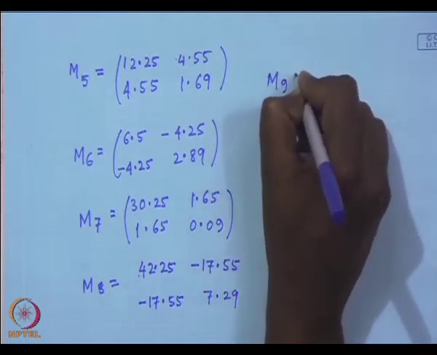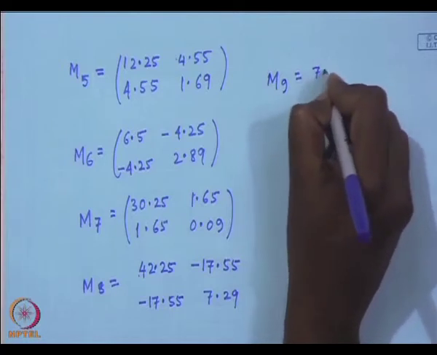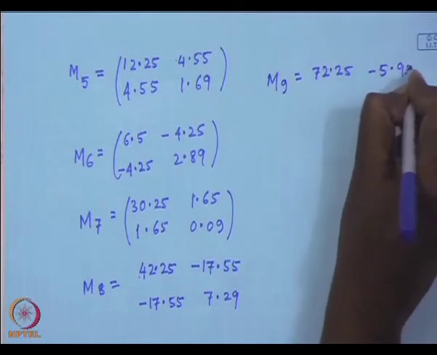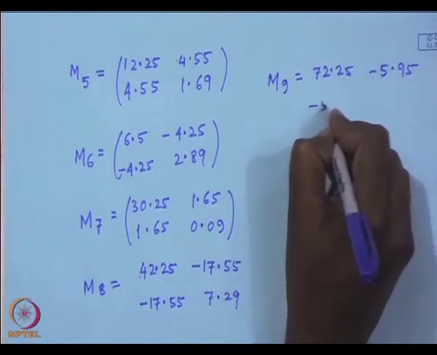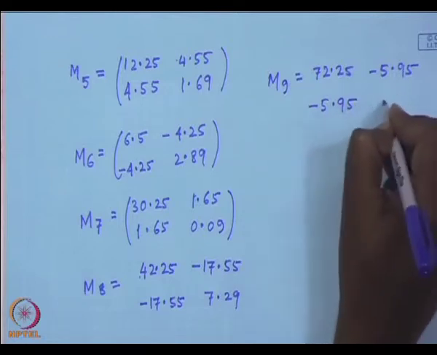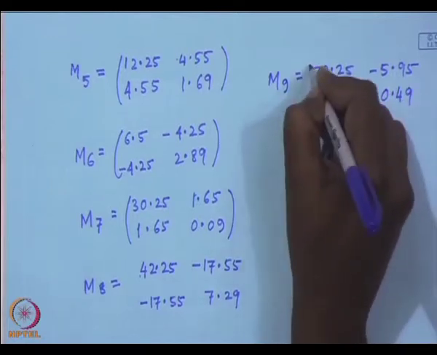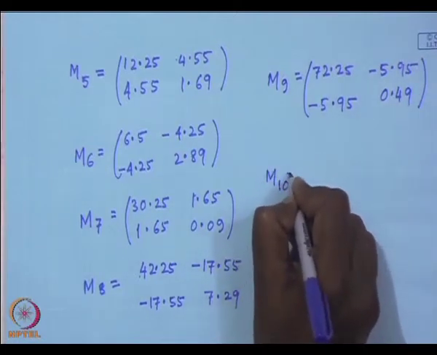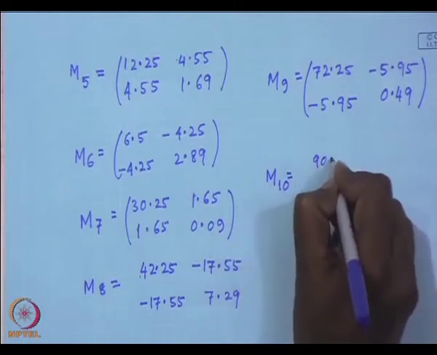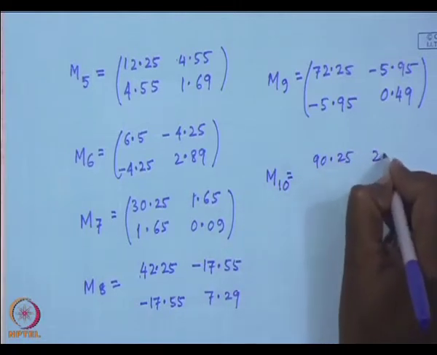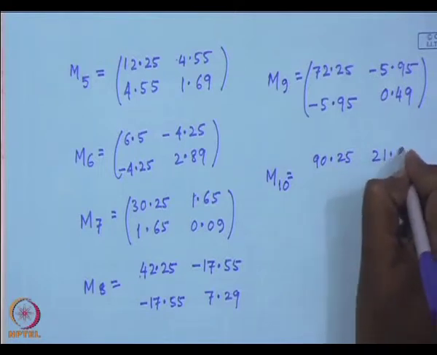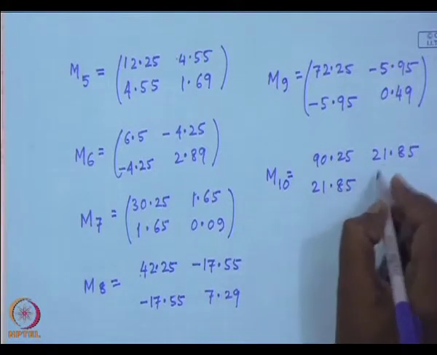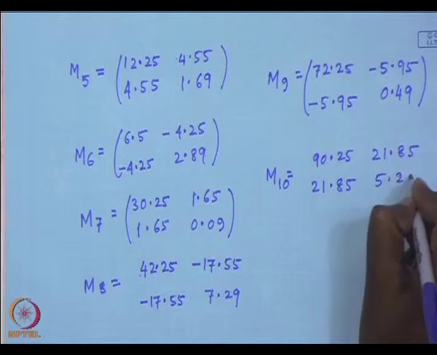M9 will be 72.25, minus 5.95, minus 5.95, 0.49. And the last one, M10, will be 90.25, 21.85, 21.85 and 5.29.